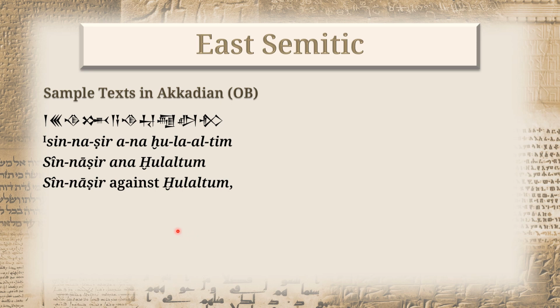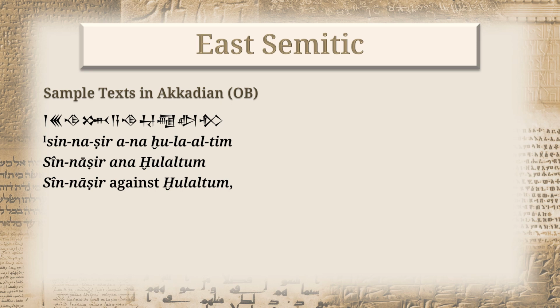Okay. And you see something interesting here. You've seen the name Tsin Natsir before. It was written with the sign for deities, and then with the Sumerian Enzu, which is the god Tsin. Here it is written with a syllabic sign, Tsin. So you will see in Akkadian the name of one person spelled differently in the same text, which today, imagine your name is Stephen with a V, somebody spells it with a PH, you would correct him, no, it's Stephen with a V. But apparently back in those days, it didn't really matter how to write that name.